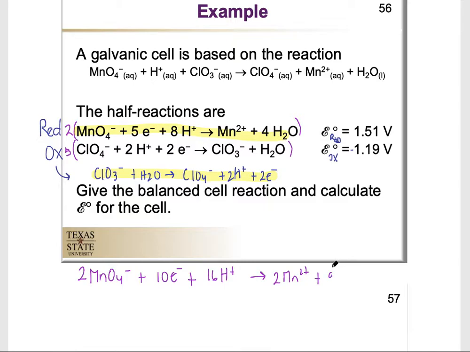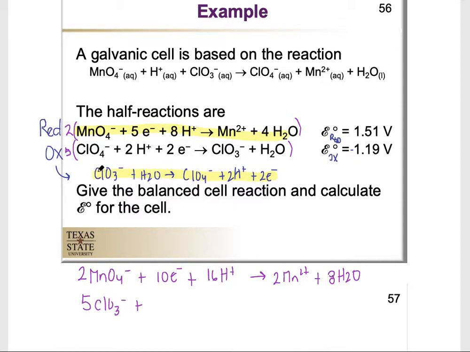All right. For the bottom one, I'm going to have 5 ClO3 minus plus, notice that I'm actually multiplying this one, the one that has already been written as an oxidation.